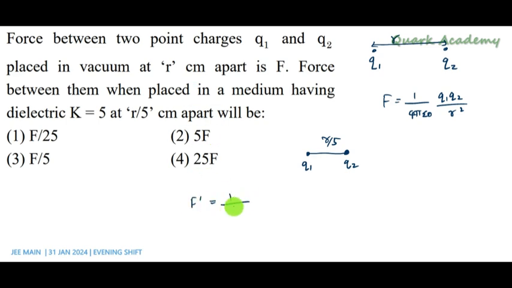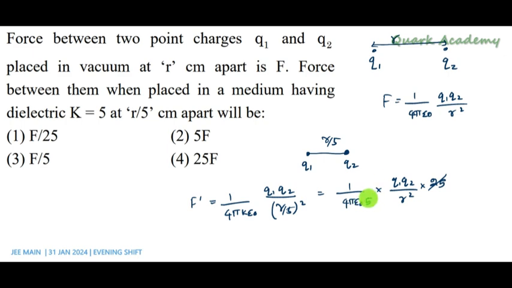So F dash equal to 1 by 4 pi K times epsilon naught Q1 Q2 by r by 5 whole squared. So this will become 1 by 4 pi epsilon naught Q1 Q2 by r squared into 25 by 5.